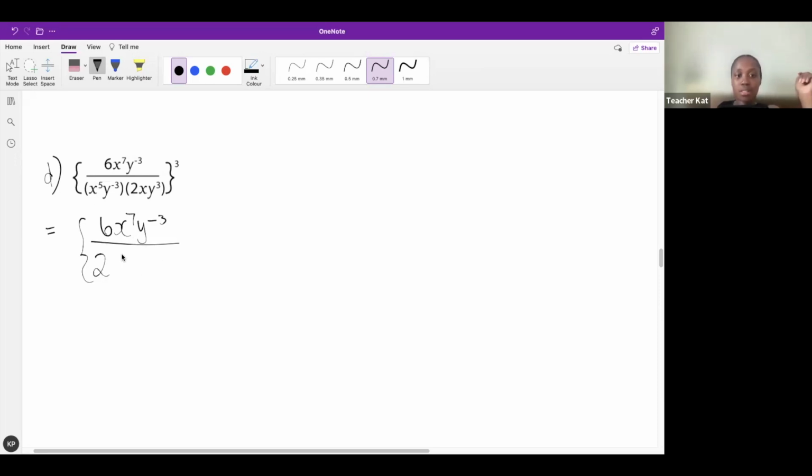And since we are multiplying, what are we going to do with the exponents? Add them. So I'm going to have x to the power of 6 and y to the power of -3 plus 3. Nice, that's a 0.